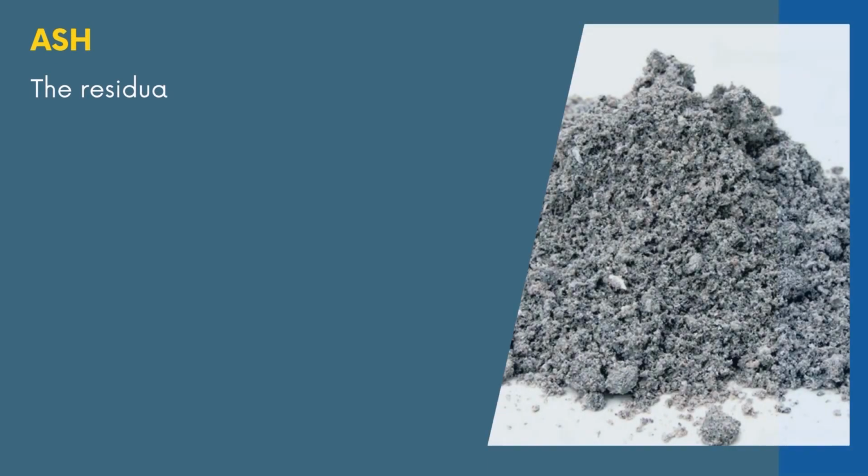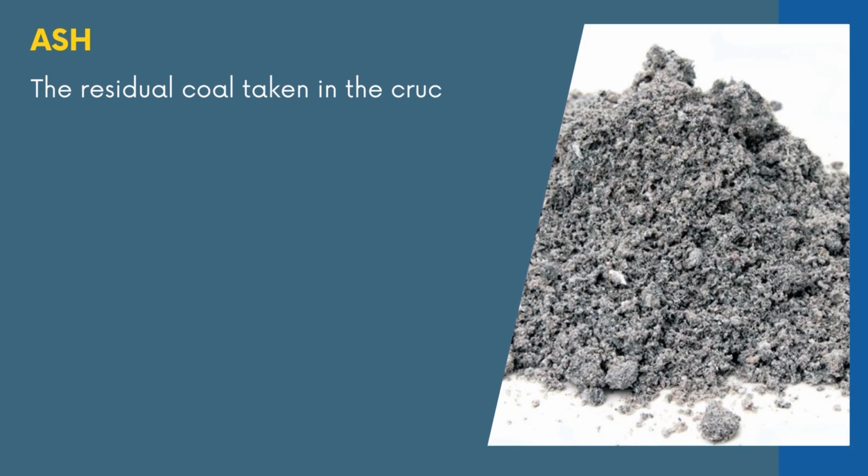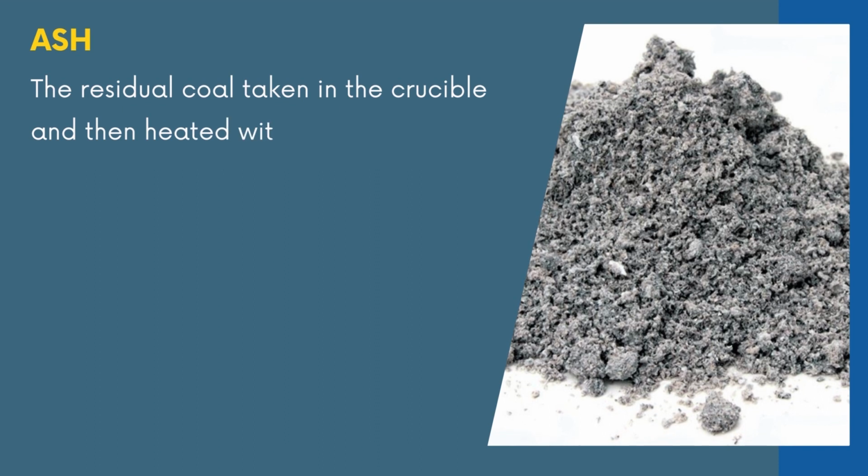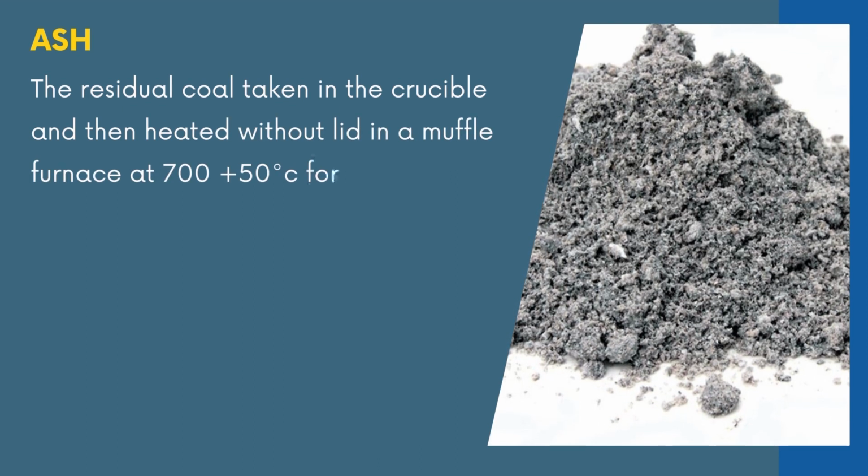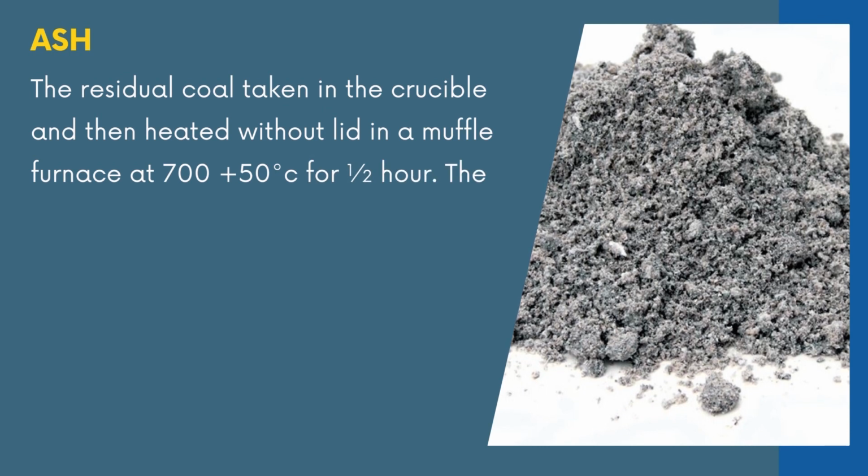This precipitate is filtered, washed and heated to constant weight. Ash. The residual coal is taken in a crucible and then heated without lid in a muffle furnace at 700 degrees centigrade for half an hour.